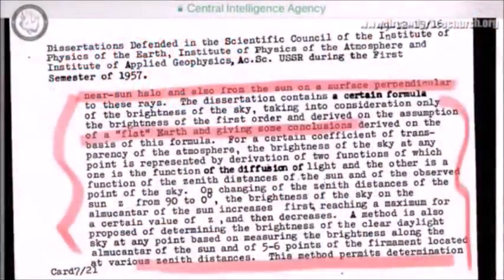Because remember, they're trying to study how light is operating within the atmosphere with a near sun halo, and they tell you over flat Earth. This is a Russian document, 1957.